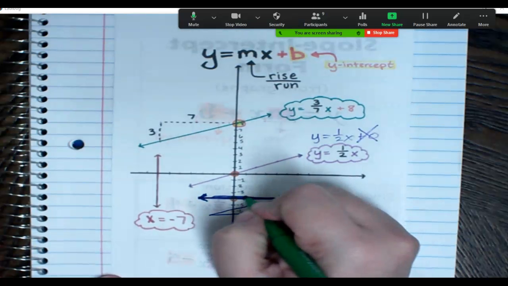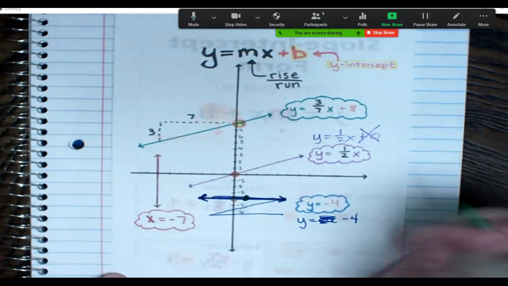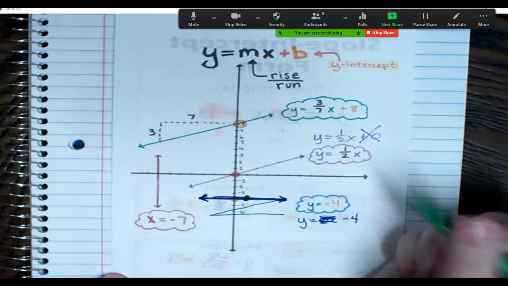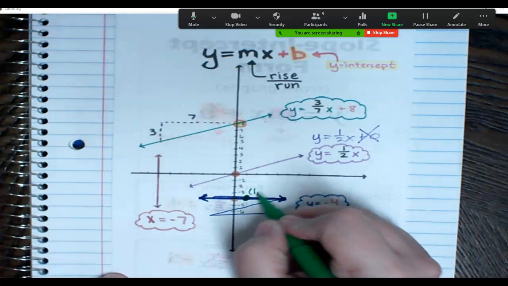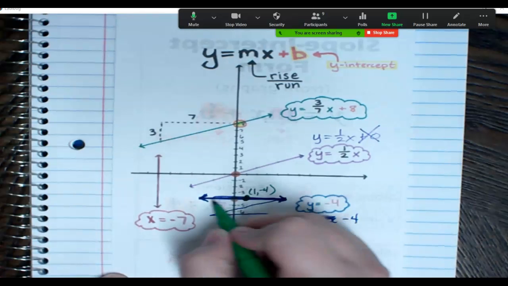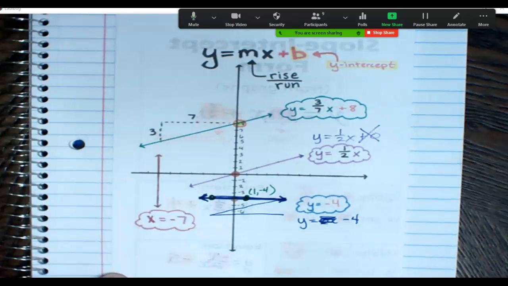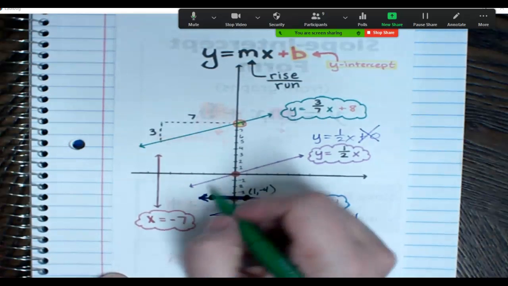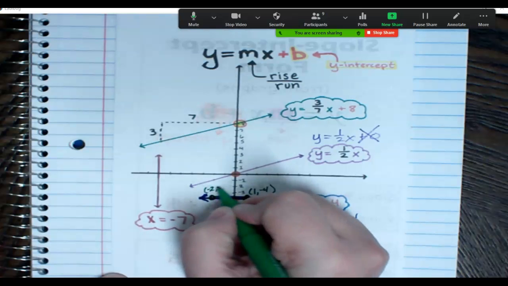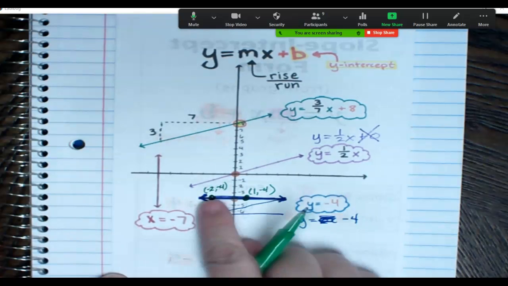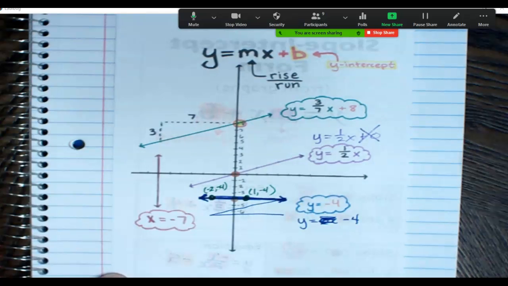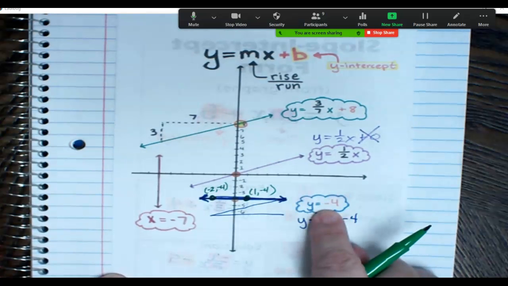If I drew my point right here, what's that ordered pair? 1, negative 4. What if I drew it right there? What's that ordered pair? Negative 2, negative 4. Do you see how no matter where I put it, my y value is always going to be negative 4? Y equals negative 4. It's got a 0 slope.